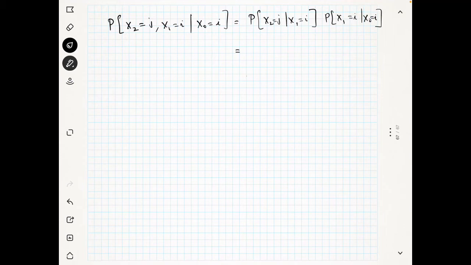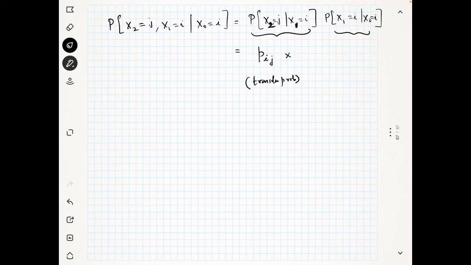So in the first term, this is nothing but the transition probability. It is p from i to j in one time step, because there is only one time step from 1 to 2. So one time step, it is a transition probability, that's it, multiplied with this, which is the initial one.